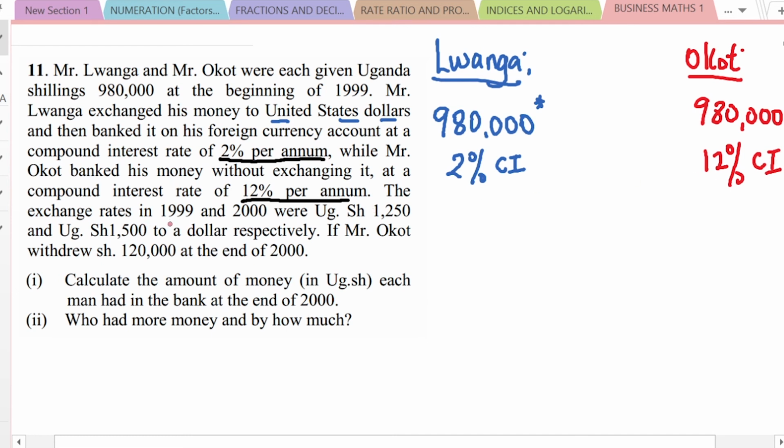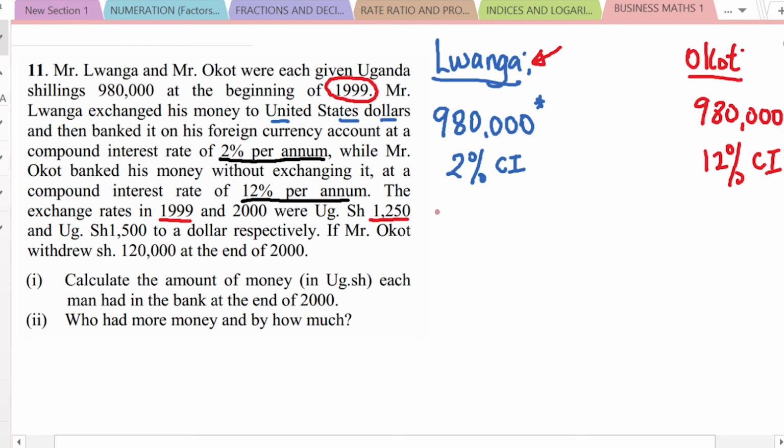The exchange rates in 1999 and 2000 were given. Remember it's in 1999 that they received the money, so it is in 1999 that Mr. Luanga converted his money into US dollars. The exchange rate in 1999 was 1,250. So how much money was Luanga able to bank?